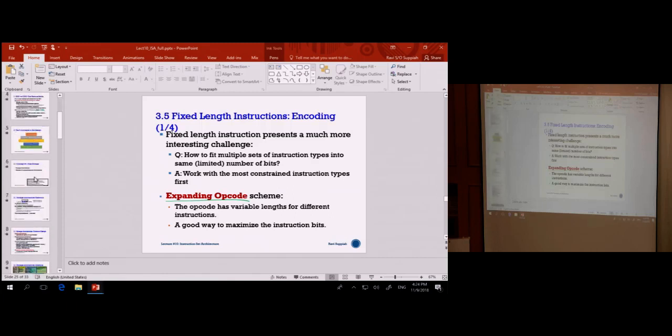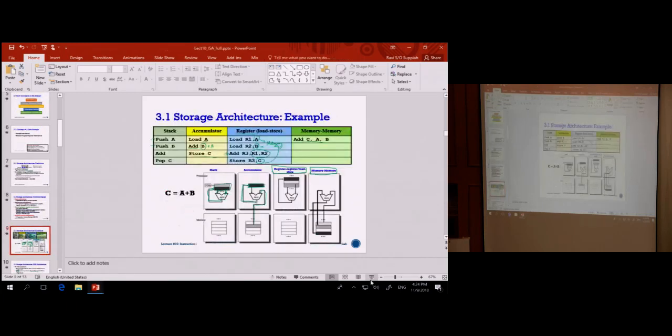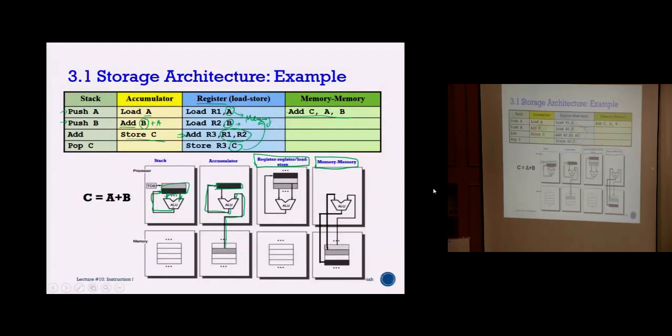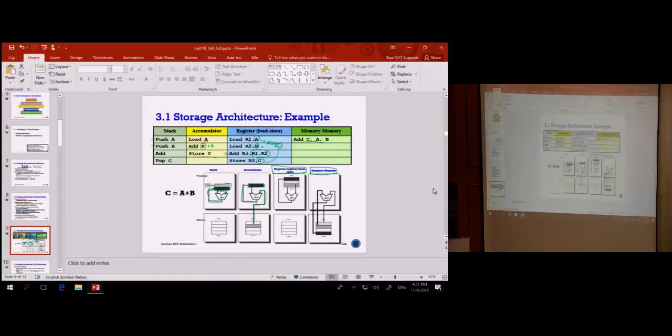In next week's tutorial, you will explore these 4 architectures a bit more to have a better understanding of how these 4 different architectures actually work, and why one architecture may be better than another, when you compare things like memory usage and code size and so on. So that's the end of this lecture 10.